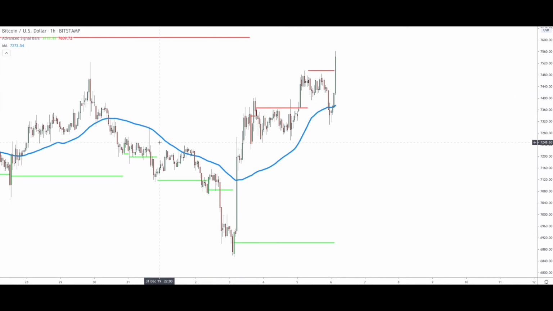I mean, right now the pair is moving kind of sideways, so you want to use these setups with the advanced signal bars and the moving average in a trending market. So you first need to be sure that the market is trending or is going to trend.